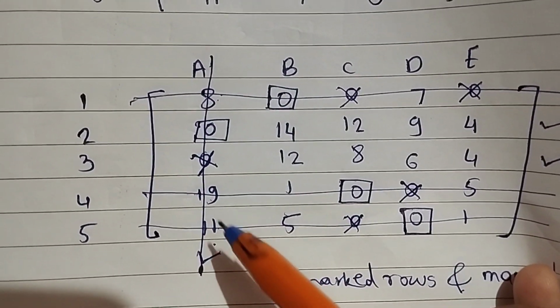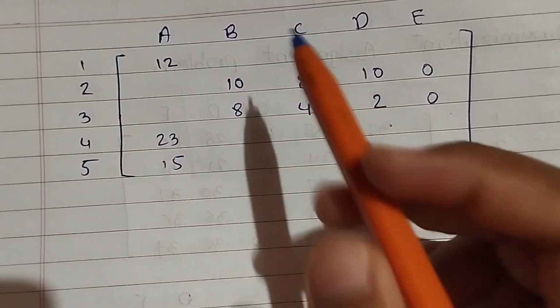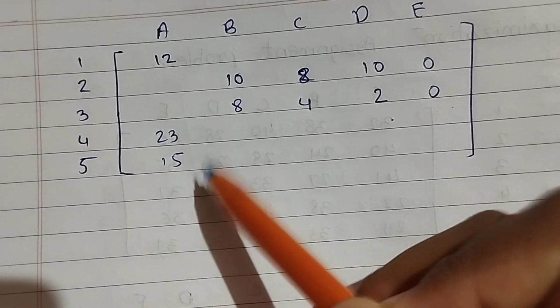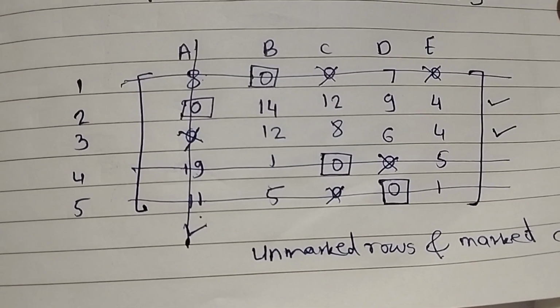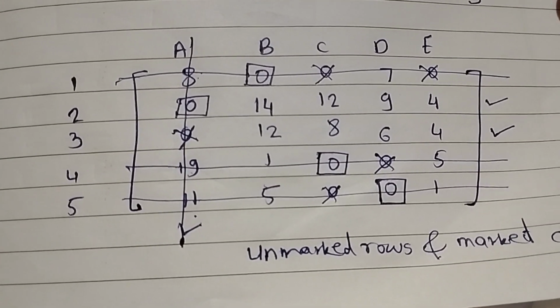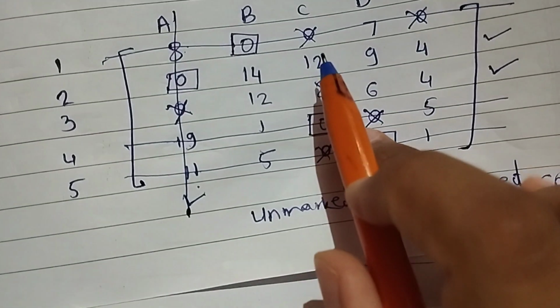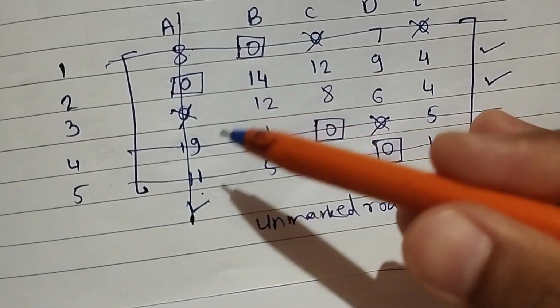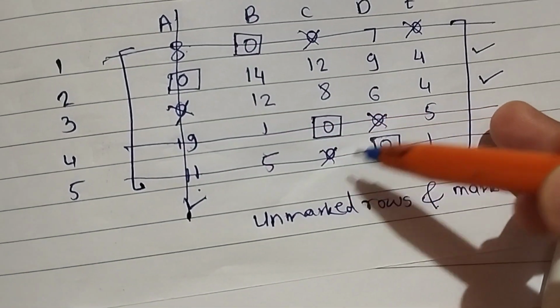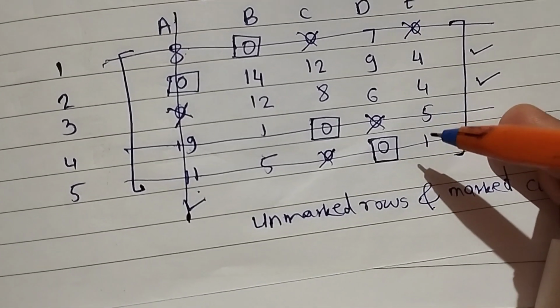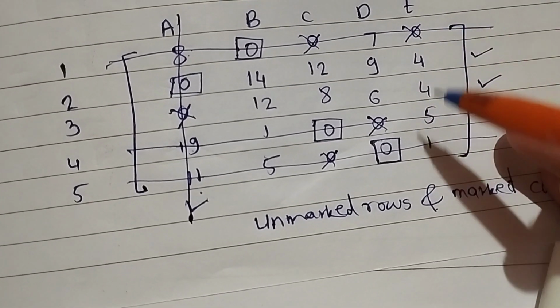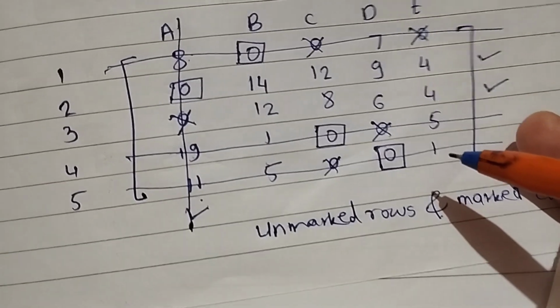So add the smallest value here. So we write here 12, 23 and 15. Now all the elements which are covered by a single line we write as they are: this 0, 0, 7, 0, this 0, 0 and this 1, 5, 0, 0, 0, 0 and 5, 1. These are all the elements covered by a single line, written as they are.